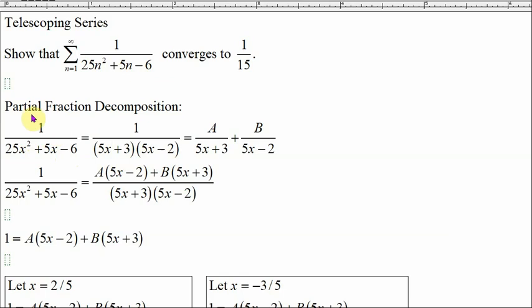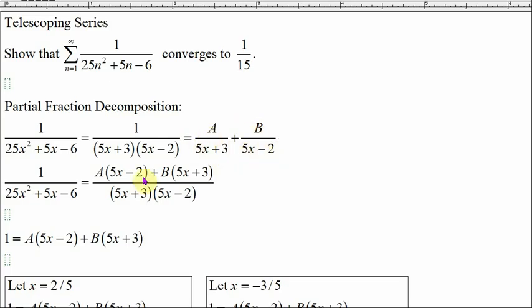And then using what's called partial fraction decomposition, we can rewrite this as a constant A over 5x plus 3 plus constant B over 5x minus 2. To combine these two expressions, we can cross multiply.